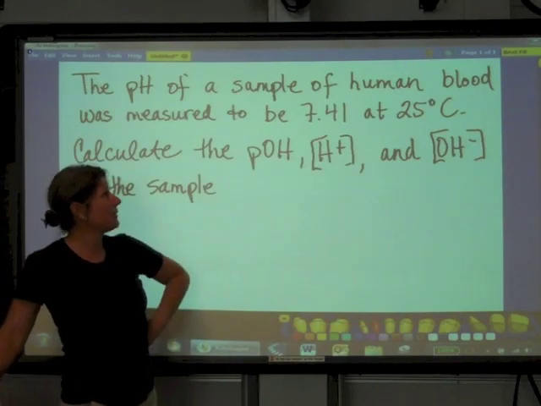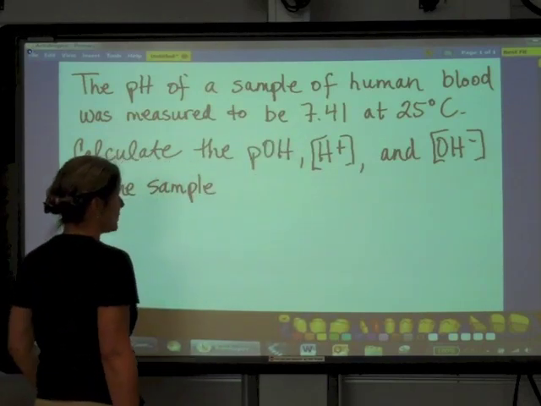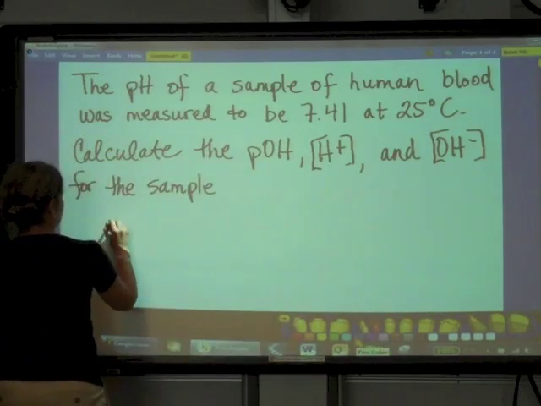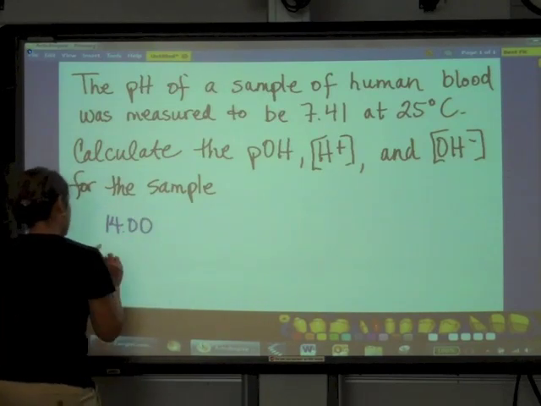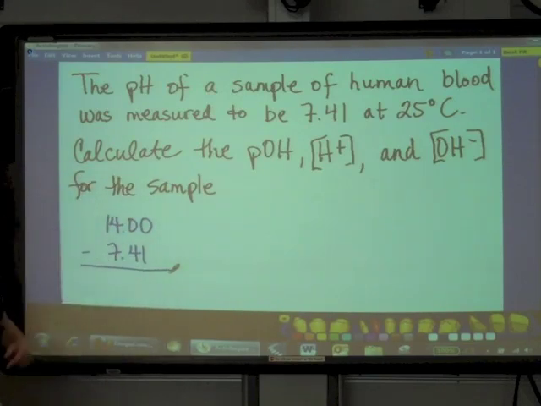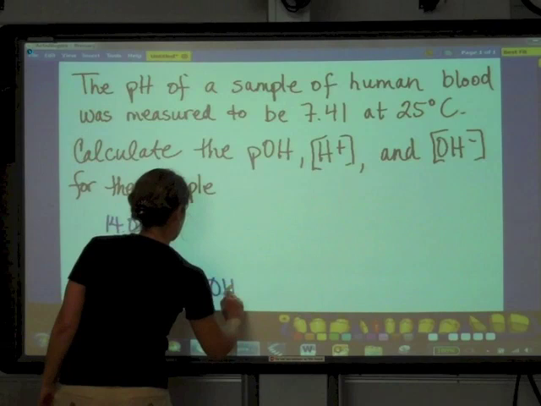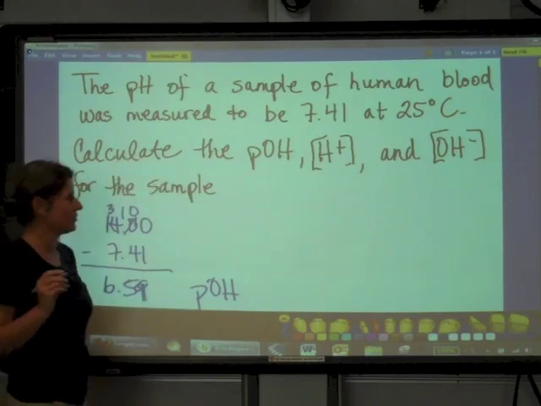To find the pOH, I'm given the pH, so I am going to say 14 minus 7.41 is going to be equal to my pOH. And once I've got my pOH, it's going to be very easy for me to figure out both of those concentrations.